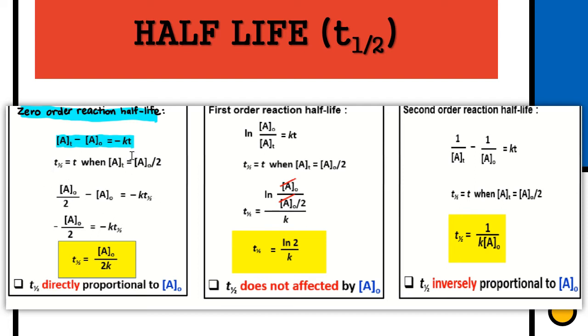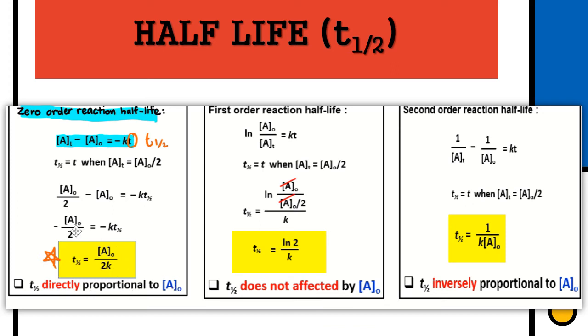So for the t over here, we can specifically put t half, since we are talking about the half-life, and rearrange the equation until we get the half-life equation here. So from here we say the half-life is directly proportional to the initial concentration of our reactant.